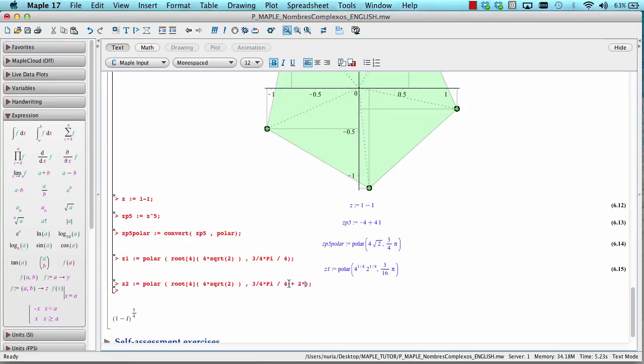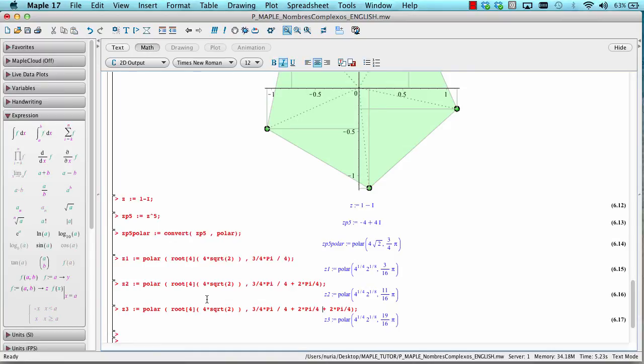So the full pie should be divided by 4. This is the second one. What about the third one? We are going to add again another piece of cake. And the last one, you always take the previous one and again add a piece of cake.